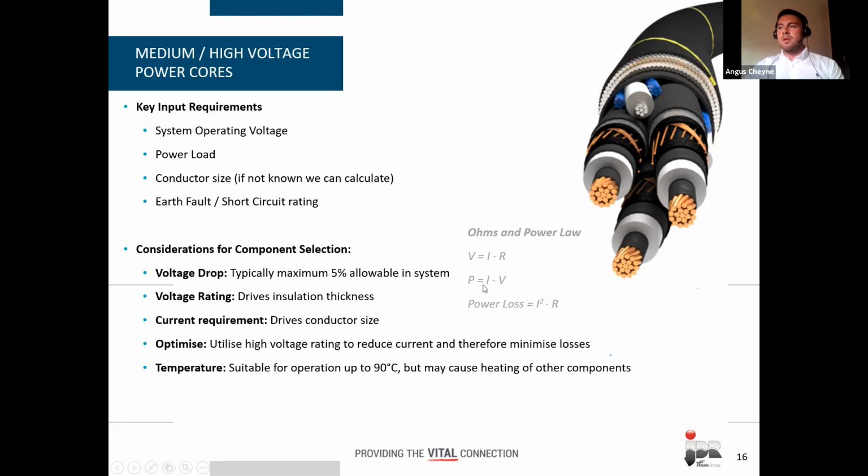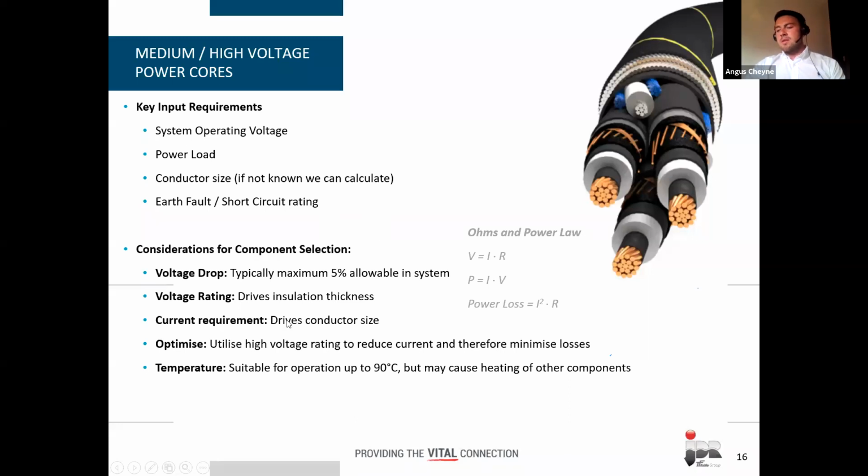And therefore, if we increase the voltage by, say, if we operate at 30 kV instead of 10 kV, we reduce our current. So going back to this consideration here, by increasing the voltage, we can actually reduce the current and therefore reduce our conductor size. And because the conductor is the majority of the metal within the core, that reduces the cost considerably.